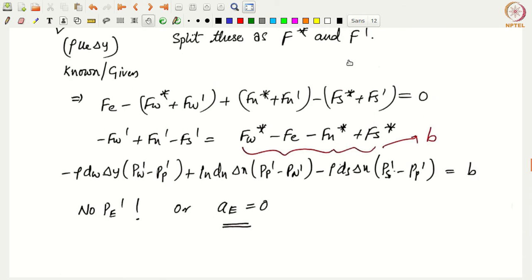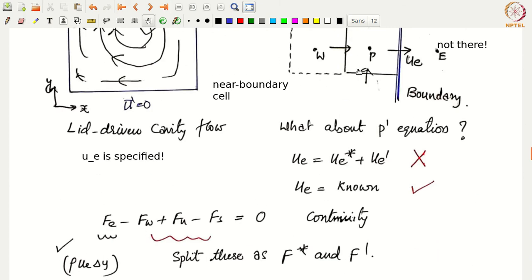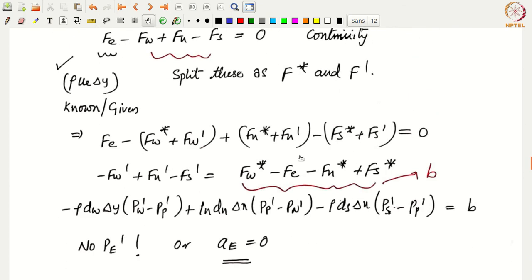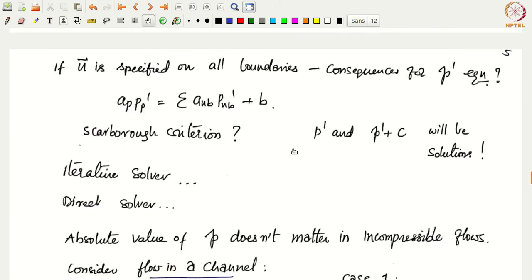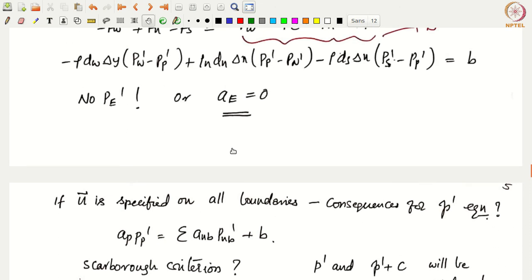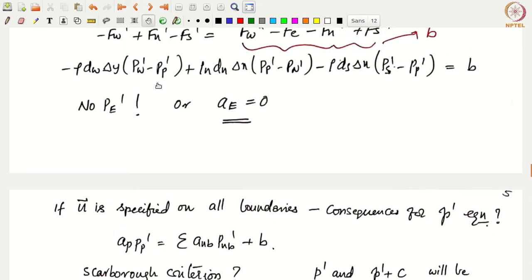Let us say if you have this kind of boundary condition that is specified on all the boundaries, right? On all the boundaries velocity is only specified, then what will be the consequence of the P prime equation? Let's say similar to this, what will happen? Then AP PP prime equals sigma NB PNB prime plus B, and would it satisfy the Scarborough criteria? Because A east equals 0, that means AP would be only a summation of AW, A north and A south, right?